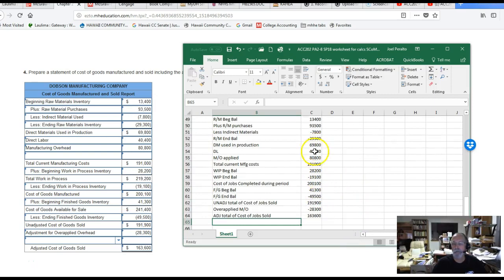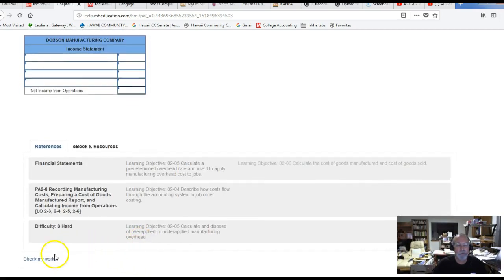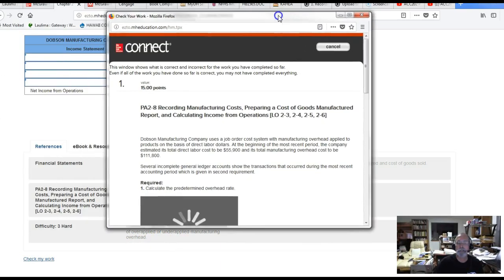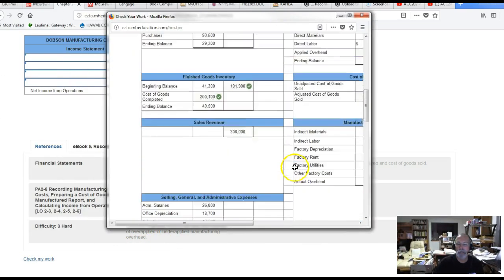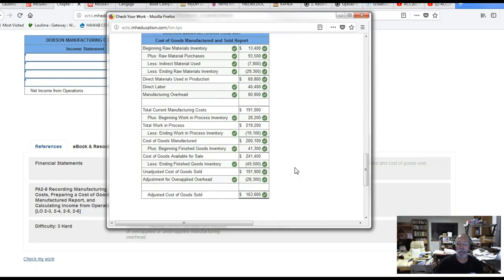It's kind of a long calculation all in one column, just as it is on the statement here. But the next thing to do would be to go to check my work and see what that looks like. And I have a feeling we're going to see some red, but maybe not. So we got it. It's all okay.